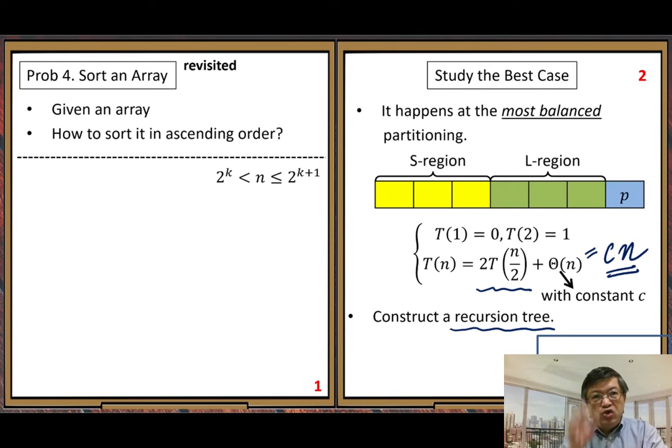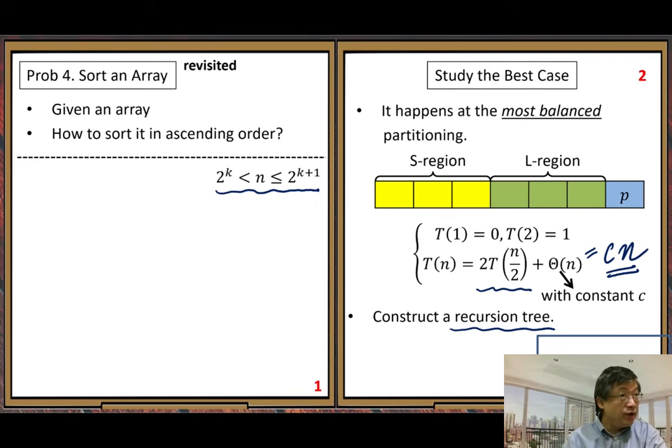All right, so let's look at the recursion tree. Before we draw this recursion tree, we want to put our problem size n in two adjacent power of 2 numbers. Why do we do that? It's easy because when we put this n between two adjacent powers of 2, we can estimate the number of levels in the recursion tree.